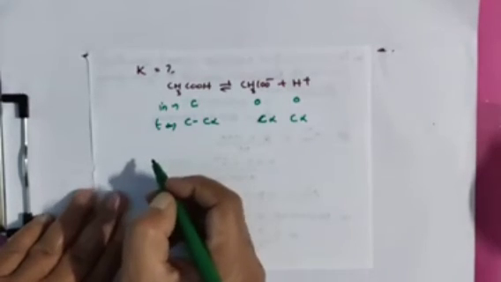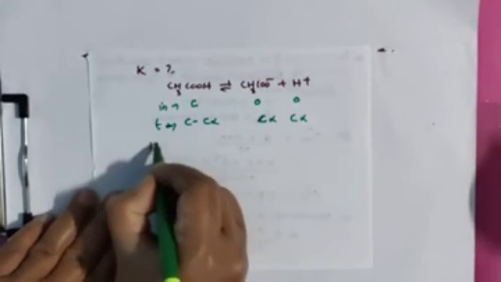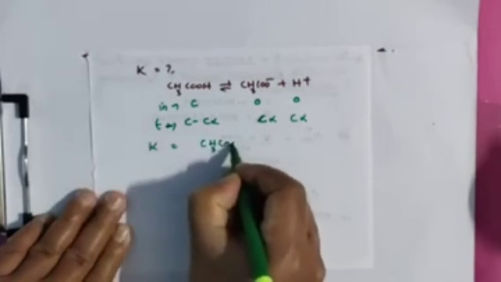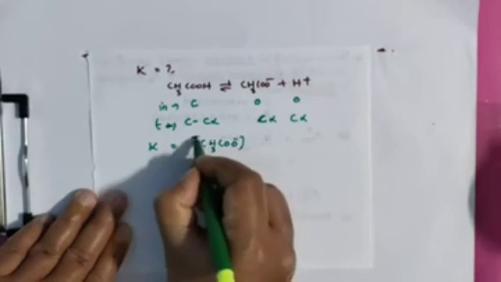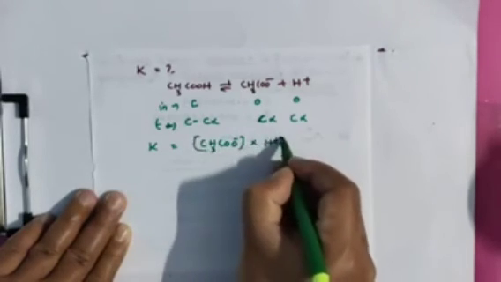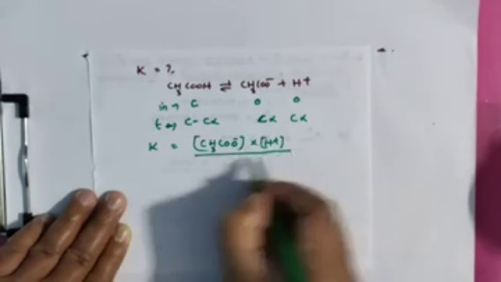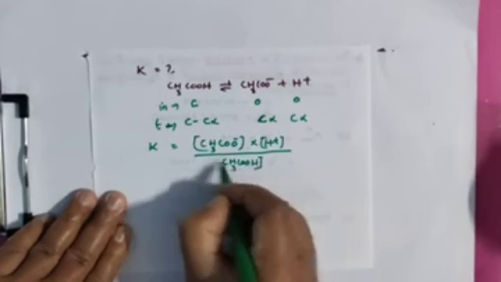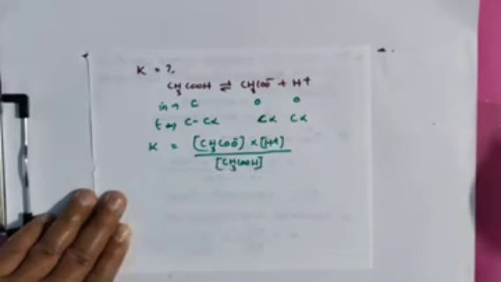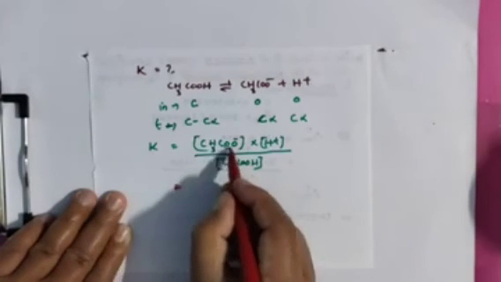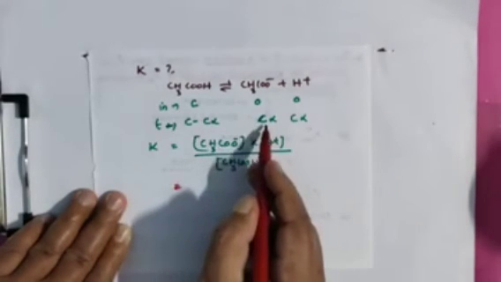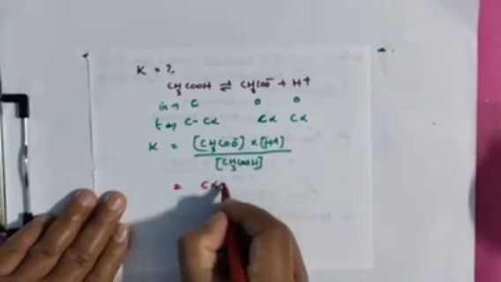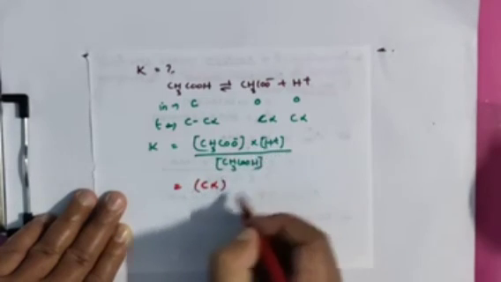From this we can go for that now. Dissociation constant K equal to product concentration upon reactant concentration. In previous problem also we did. That is equal to CH3COO minus, how much? C alpha. So C alpha into H plus, how much?